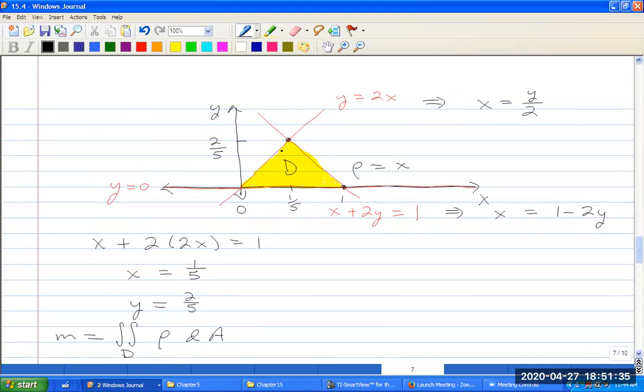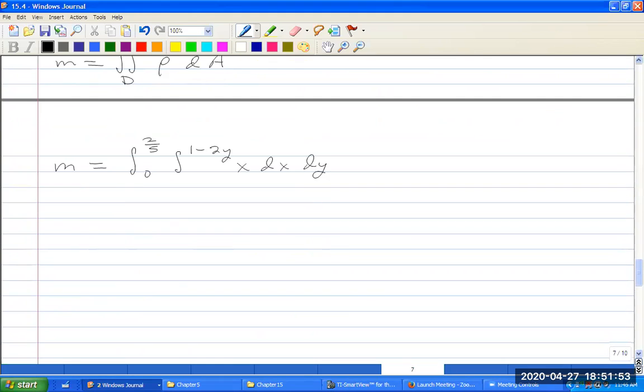So that's what I'm integrating over, the region D. Okay, so let's integrate this.